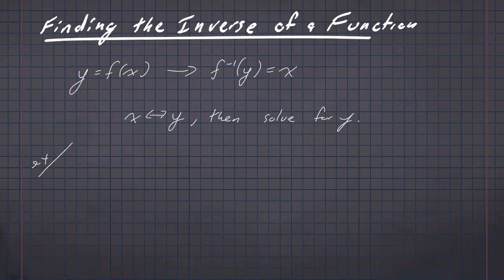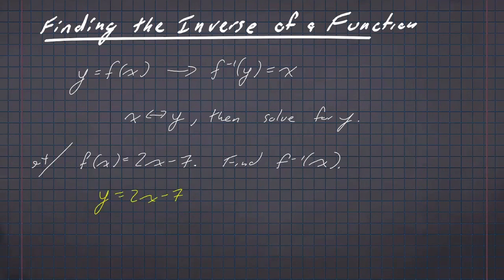So if I'm looking at the function f of x is 2x minus 7, and I'm asked to find f inverse of x, well, I'll start by writing y equals f of x. So y equals 2x minus 7. And I'll swap my x and y. x equals 2y minus 7. And then I will solve this equation for y.